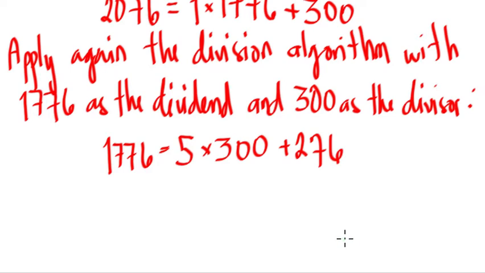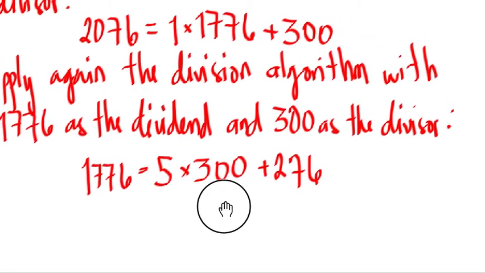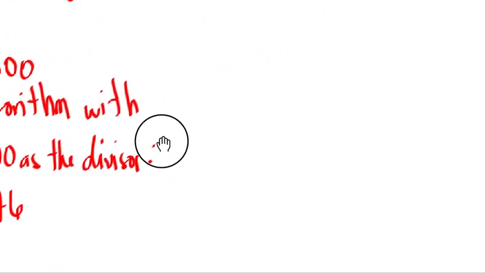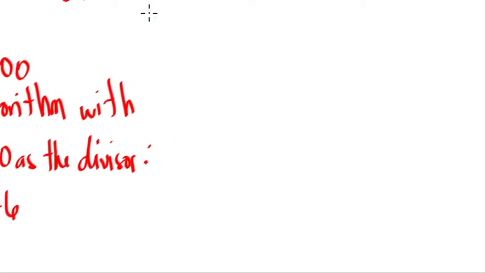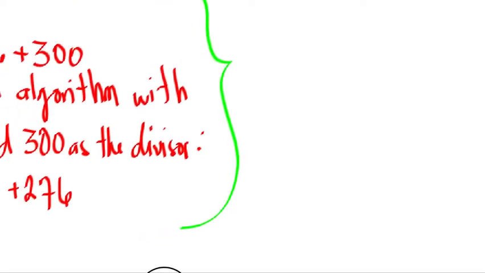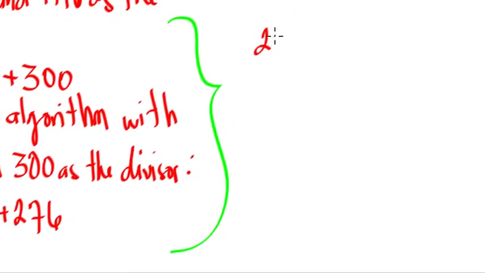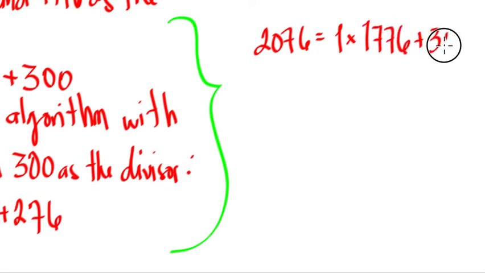If you want a clearer view of the repeated application of theorem 5, let's put it all here. The first one: 2076 equals 1 times 1776 plus 300.